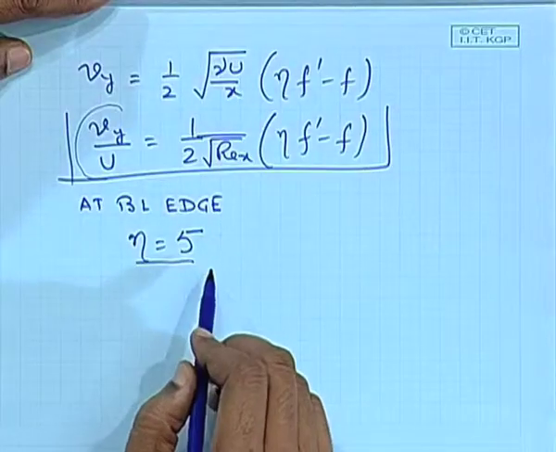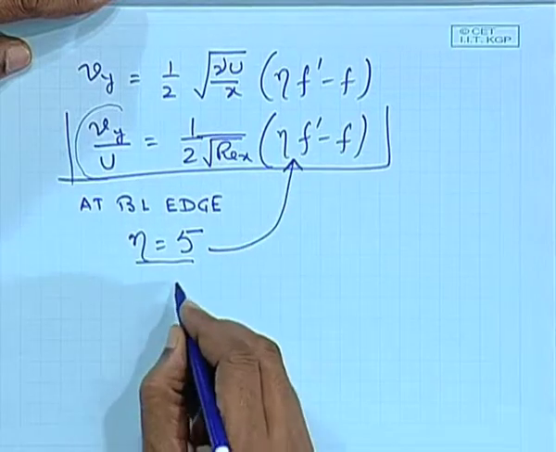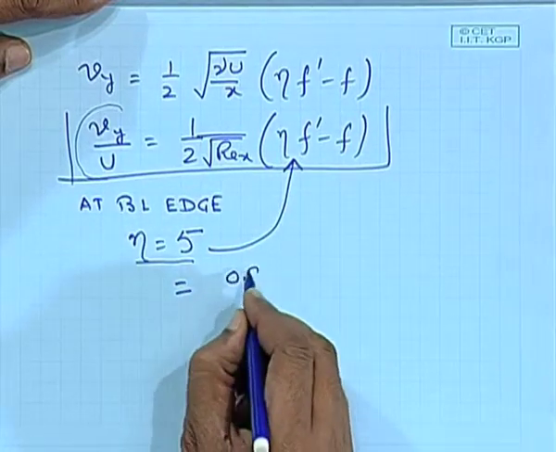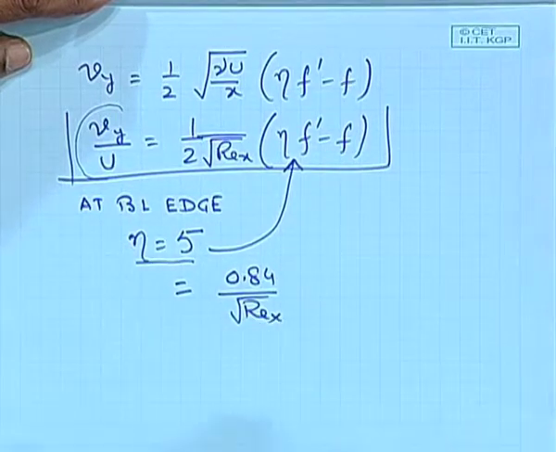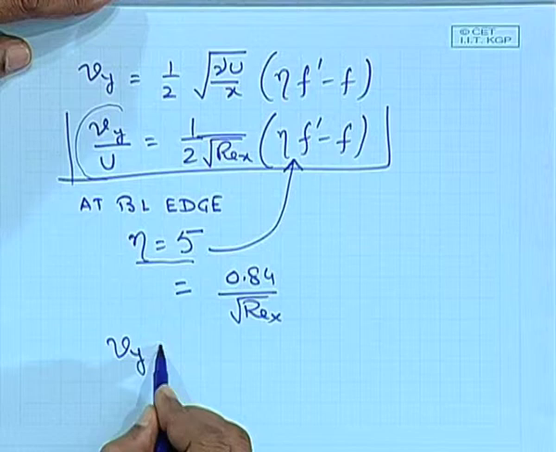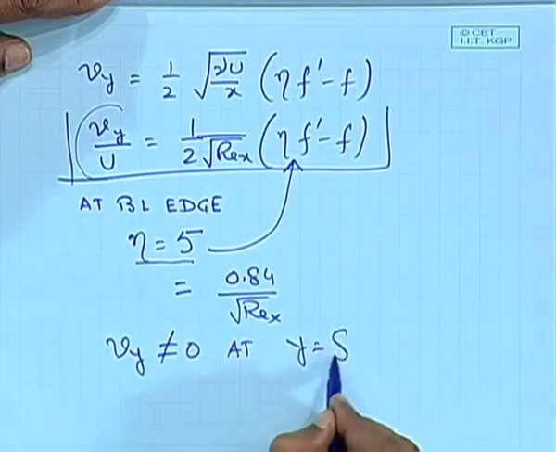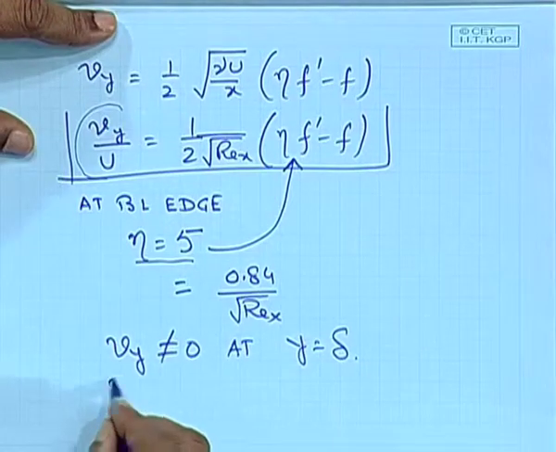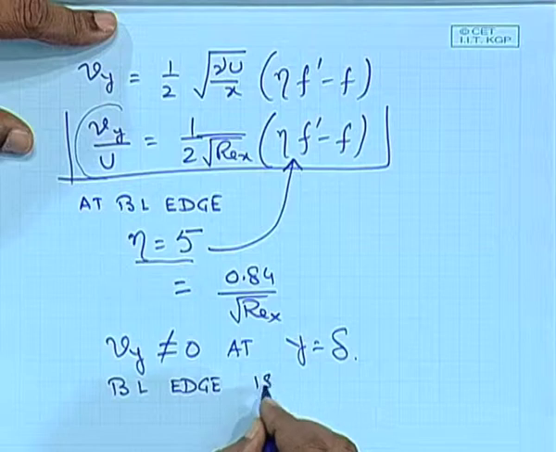So, if you have to find out the ratio at the edge of the boundary layer, then eta is equal to 5. Put that over here and you would see that this would be equal to 0.84 by root over Rex. That only shows that Vy is not 0 at y equals delta, which says that the boundary layer edge is not a streamline.